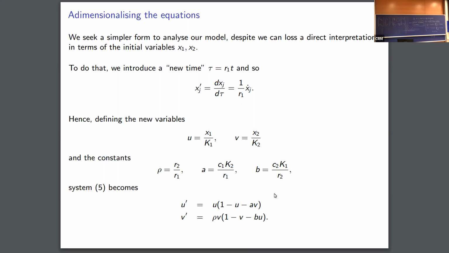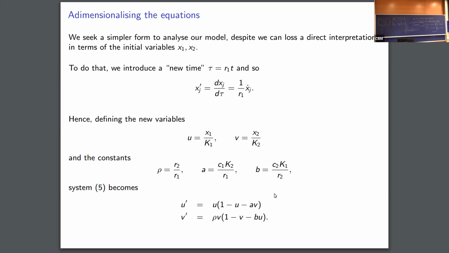But mathematically, it's very correct and accurate, because you are losing parameters. One typical choice is x1 over k1, which you call u. In this way, you are normalizing to one the carrying capacity of the first species. You do the same for the second.